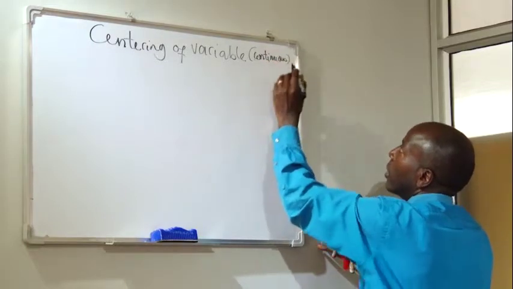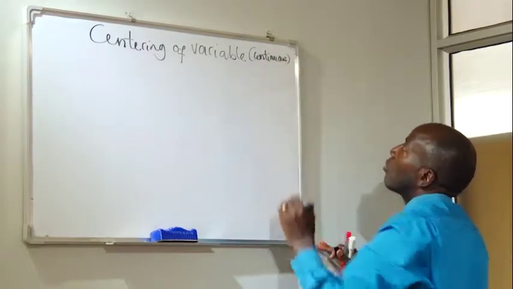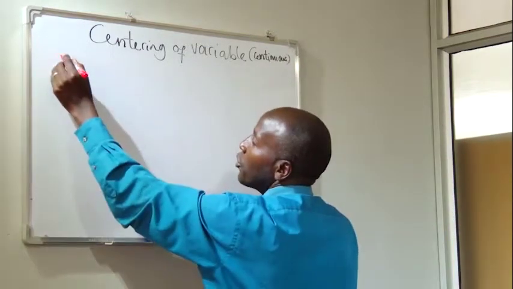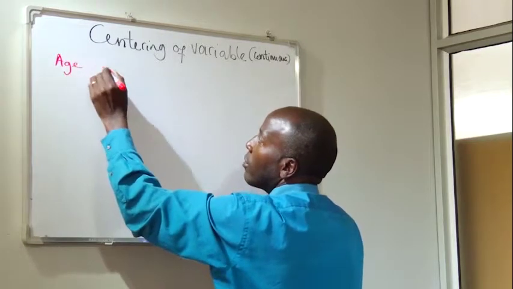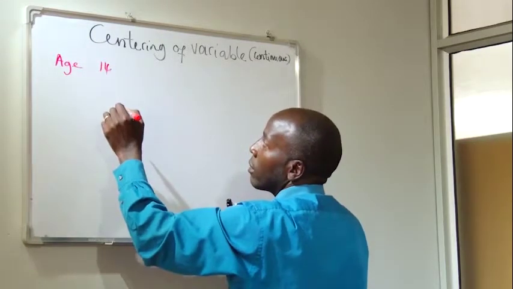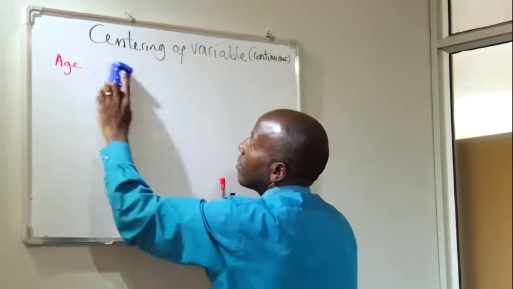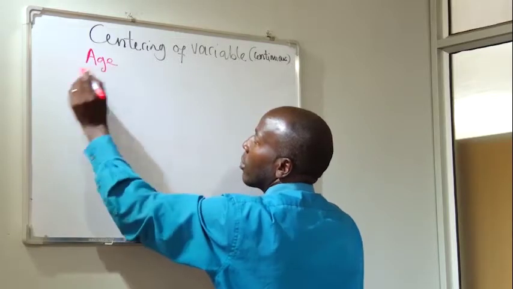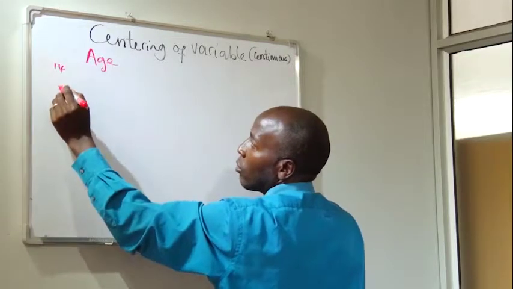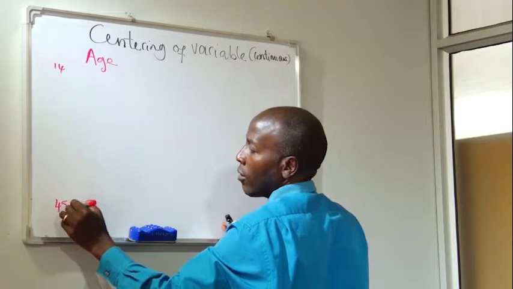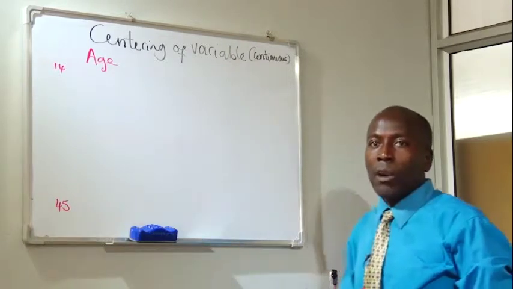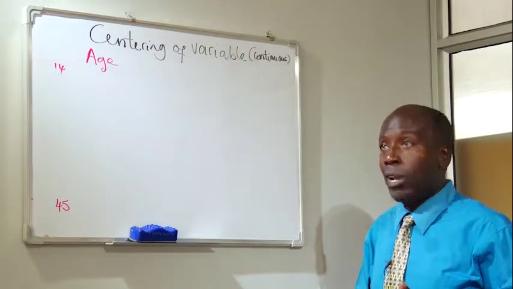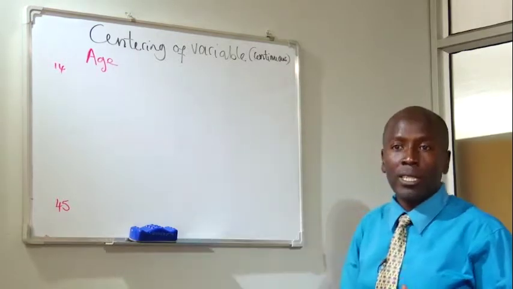What does this mean? For example, our minimum age, the very minimum, is 14. So we have this variable age, starting from 14 going all the way to 45. Now we want to make the intercept meaningful by using age as a continuous variable.